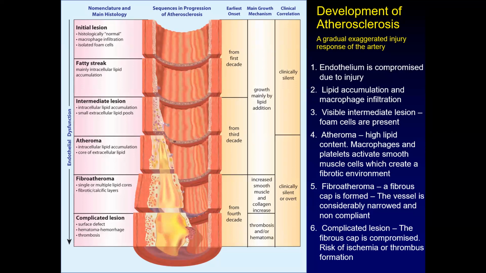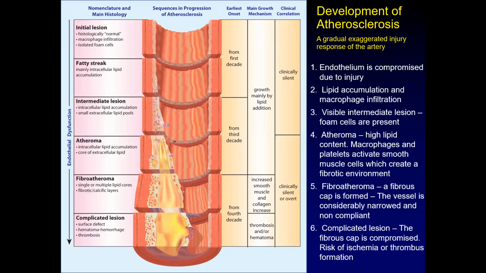Okay? As this continues to progress, then you can form something called an atheroma, right? And this is where you're getting foam cells, but eventually at this point, we're going to begin to accumulate additional intracellular lipid in and around all of this. You're going to get more and more cholesterol deposited into these things, okay? As that begins to happen, you're going to get macrophages and platelets. They're going to activate smooth muscle that sits on the outside here. It's going to become very fibrous and tough, okay?